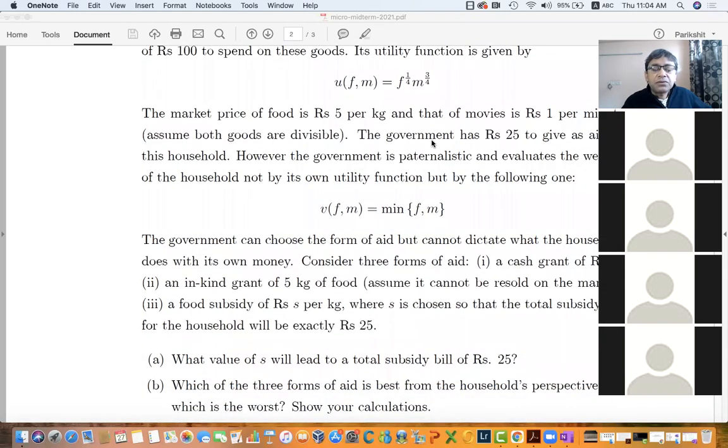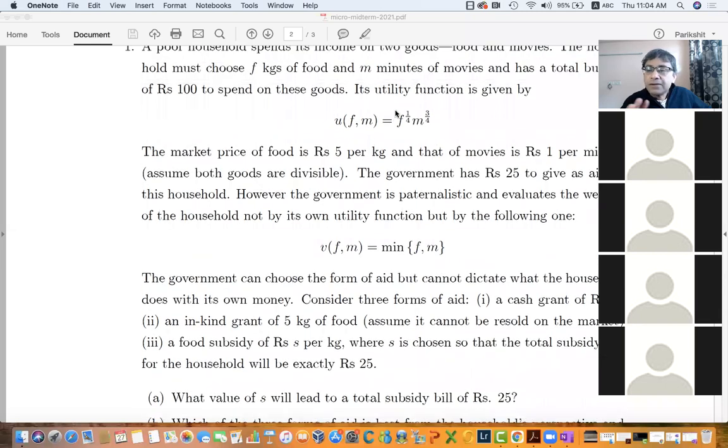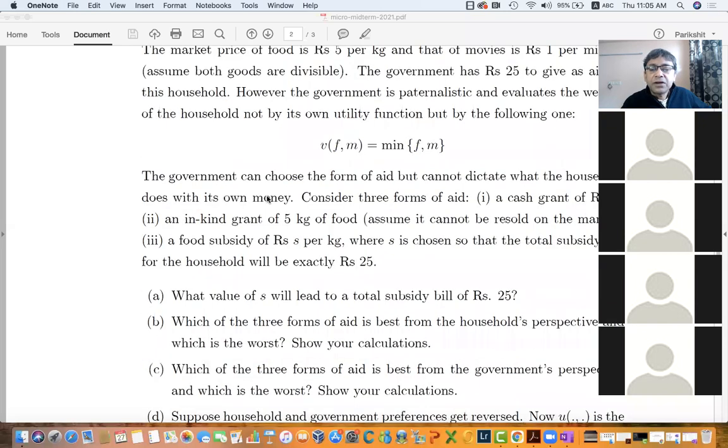Scenario 2 is this in-kind grant of 5 kgs. Once again, you take that situation as given and solve for the household's choice of F and M. And finally, for the subsidy, you have found that the subsidy the government can afford is 2.5 per kg of food.